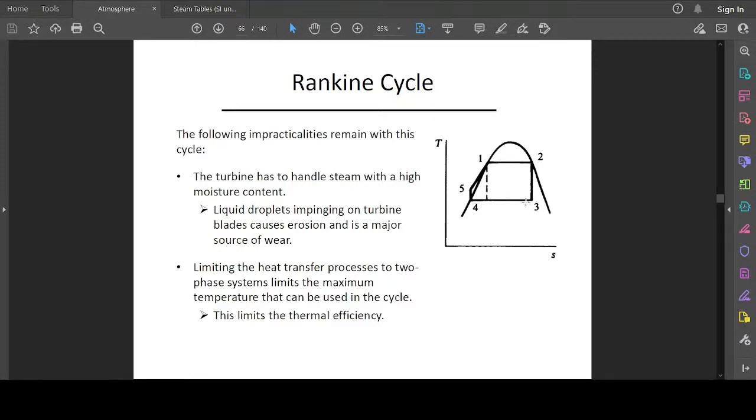As you know, at this stage you have a low quality steam, but in the Rankine cycle the compression is total compression, so you have saturated liquid at this point.